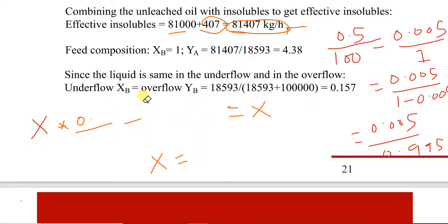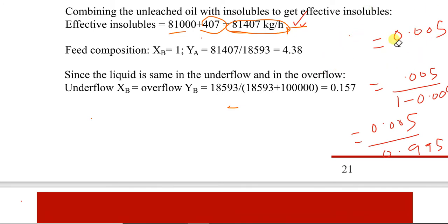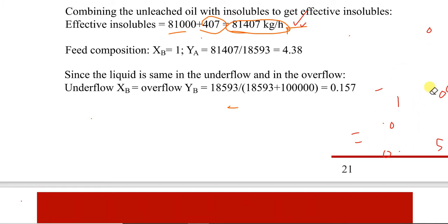So the total effective insoluble in underflow is this amount, kilograms per hour. Now we need to use this equilibrium graph which is given.